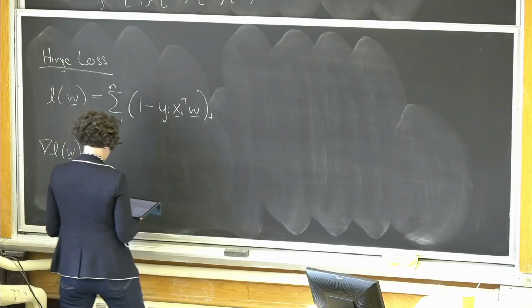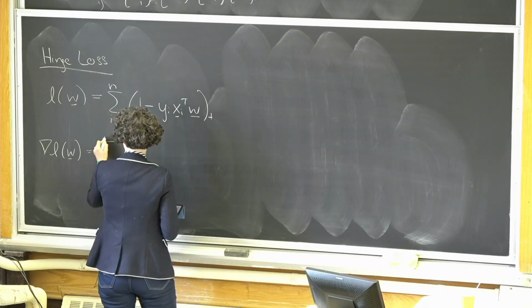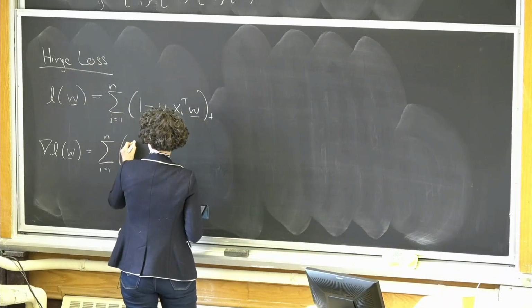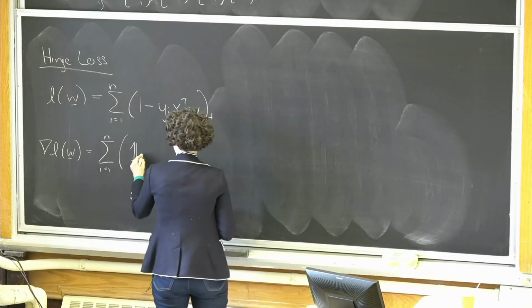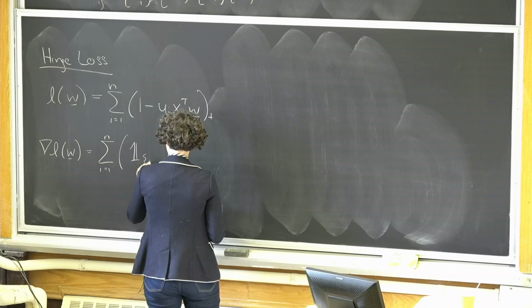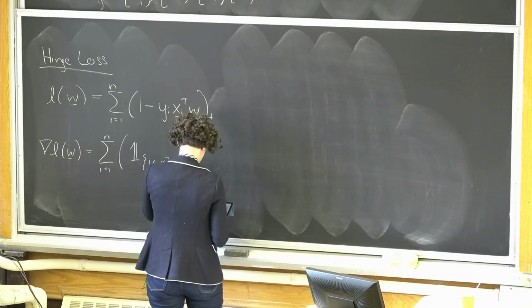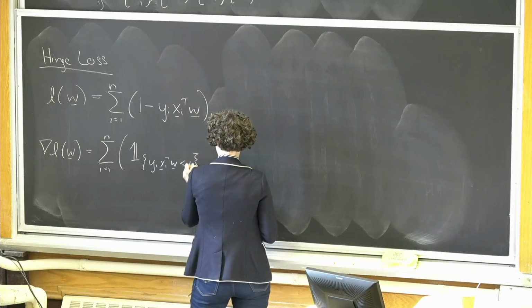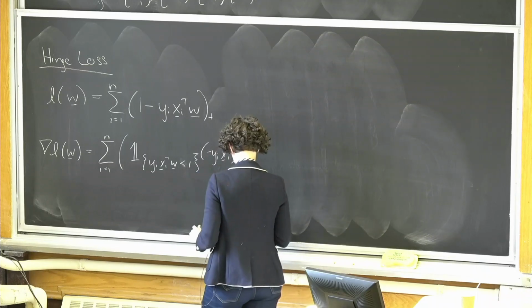I'll say a bit more about that in a second, but for this class, I'm going to write this as the following. It's equal to an indicator of whether y_i x_i transpose w is less than 1, times negative y_i x_i.